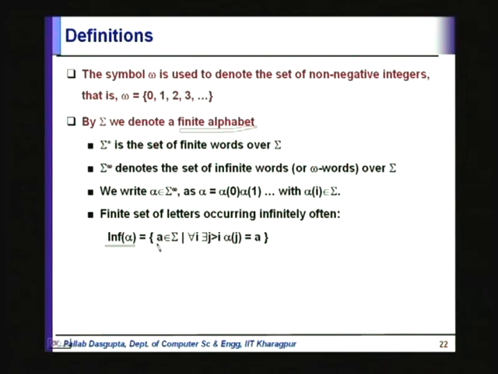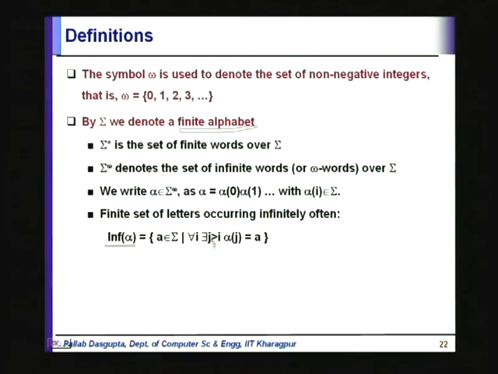Wherever you are in the word, in the future you have another A. So for all i there exists some j greater than i, such that alpha j is A. Is that clear? So INF alpha is the set of symbols which occur infinitely often in alpha, and alpha is an infinite word.